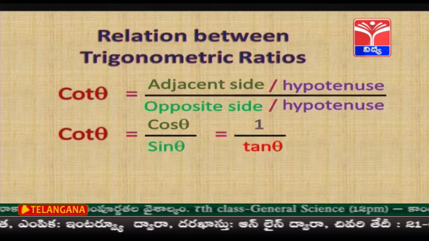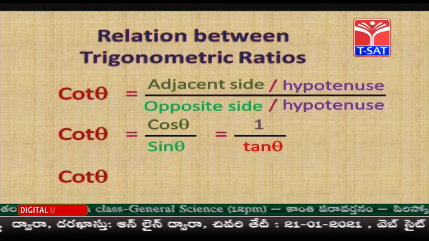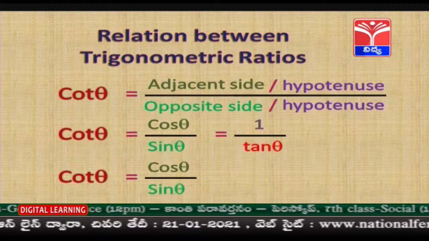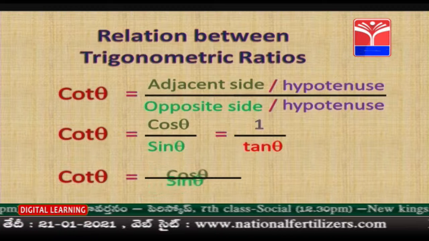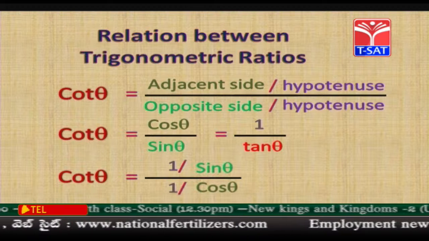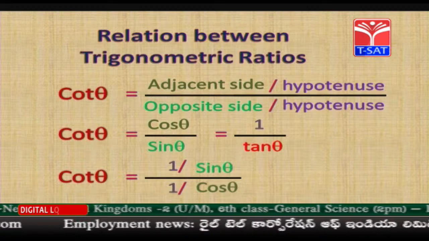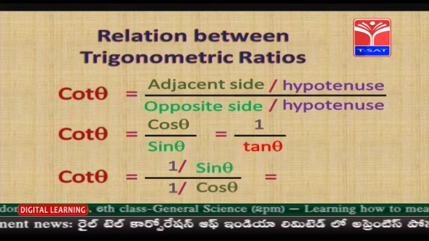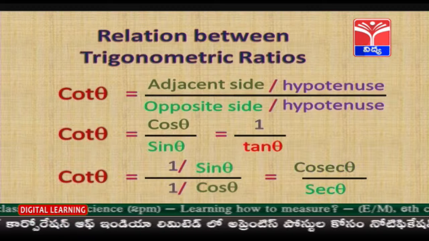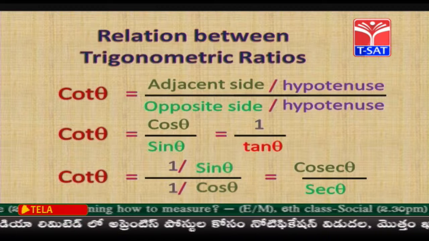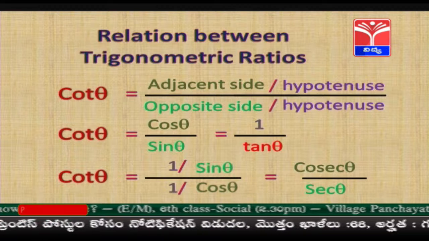And you can also say that cot theta is equal to cos by sin. What do they become? In the numerator they become 1 by sin theta and the denominator becomes 1 by cos theta, which equals cosec theta by sec theta. That means cot theta is equal to cosec theta by sec theta.